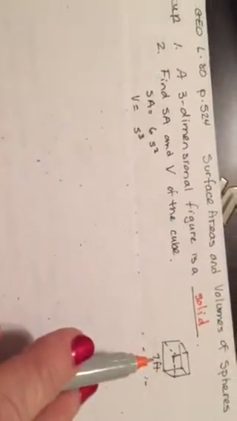Welcome back. Warm-up. A three-dimensional figure is called a solid, something we've known for a long time. We are supposed to find the surface area and volume of a cube. The cube, as listed over here, has a side of 7 feet.